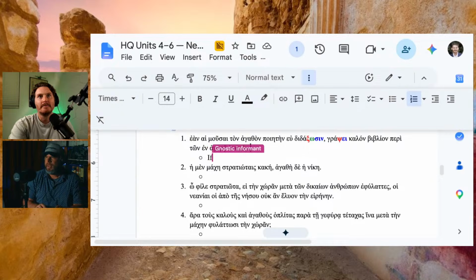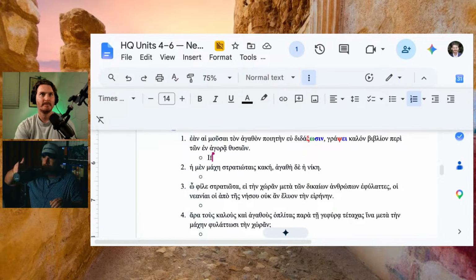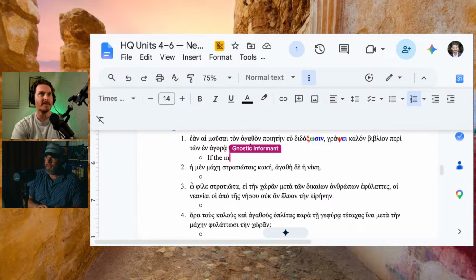Then we have "hai Mousai," feminine plural, nominative: the muses. Not "moose," I don't know why I'm saying that. If the muses, and then "ton agathon," the good.